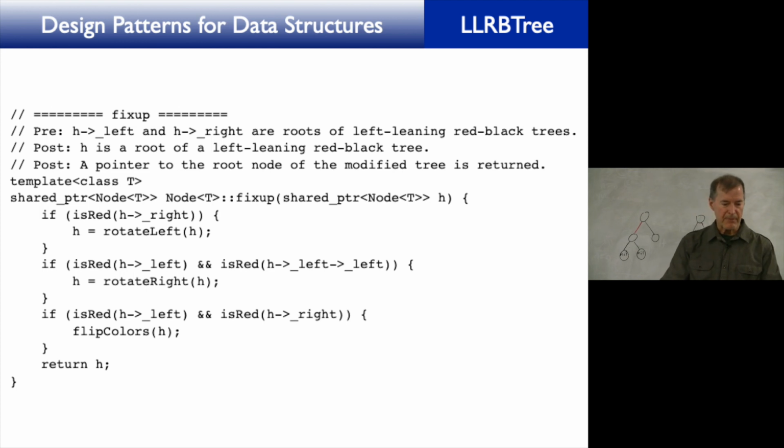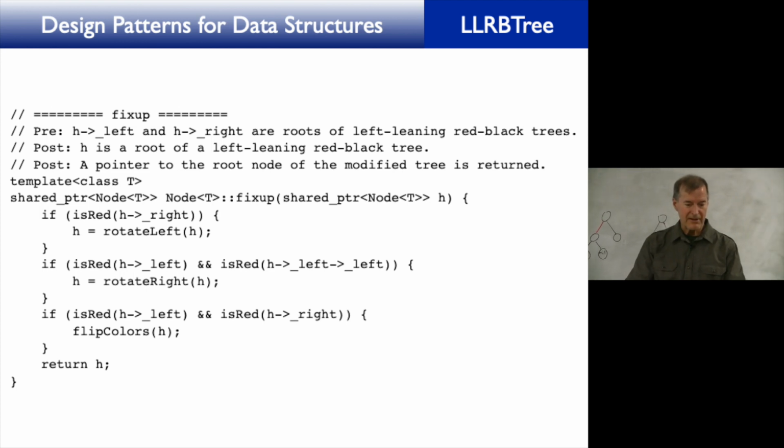This fix-up is going to fix up the tree on the way back, not just at the bottom. Because by fixing it up at the bottom, it might propagate a red link. You know when you do flip colors?